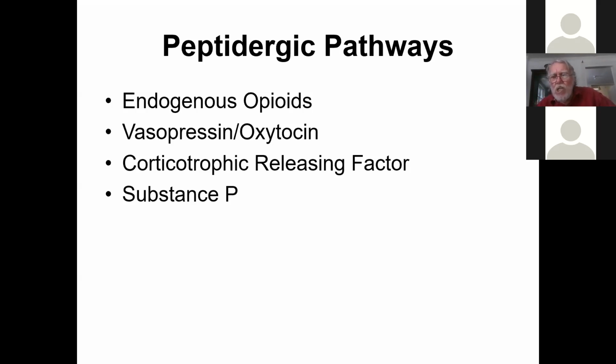This, of course, changed with the identification of the opiate receptor. And the opiate receptor, of course, was triggered by Richard Nixon's war on drugs and the creation of a place within the National Institutes of Health called the National Institute on Drug Abuse.